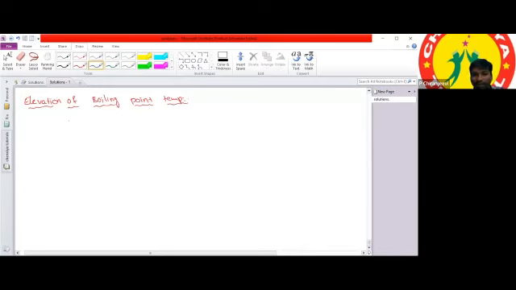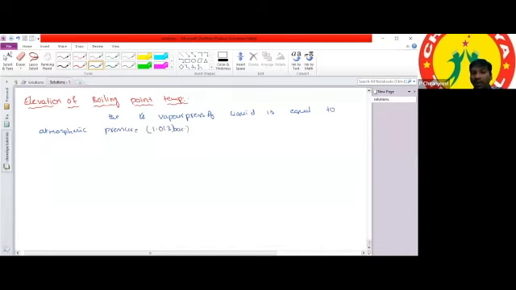I'll give the definition. What is meant by the boiling point temperature is, the vapor pressure of the liquid is equal to atmospheric pressure.